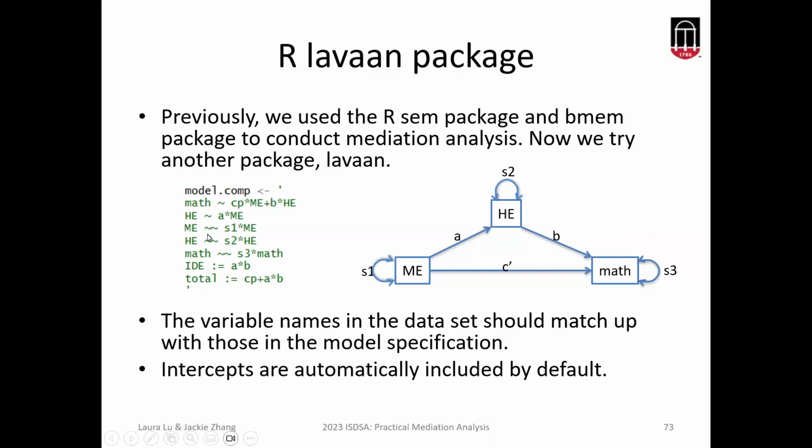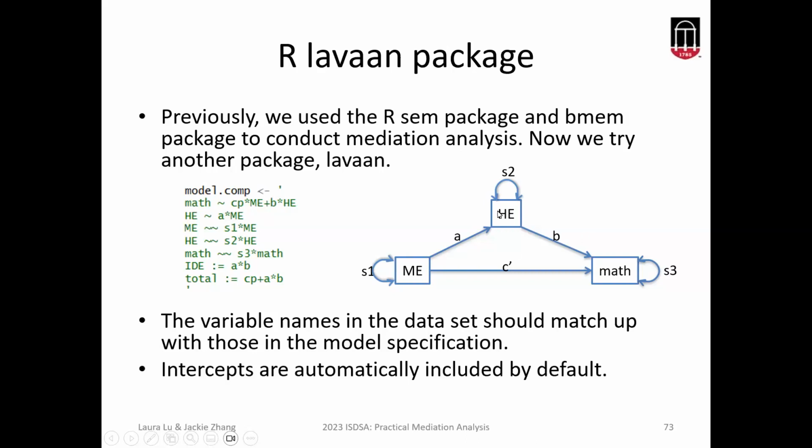Math is the dependent variable, tilde, CP. What is CP? C prime times math, with math as the independent variable, plus B times HE. B is one component of the indirect effect. So this is the equation of math. We have coefficients and independent variables, and that is for math.